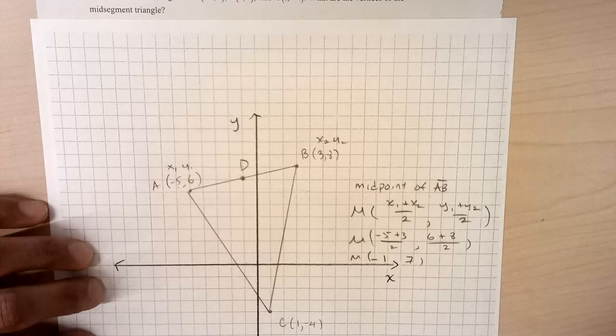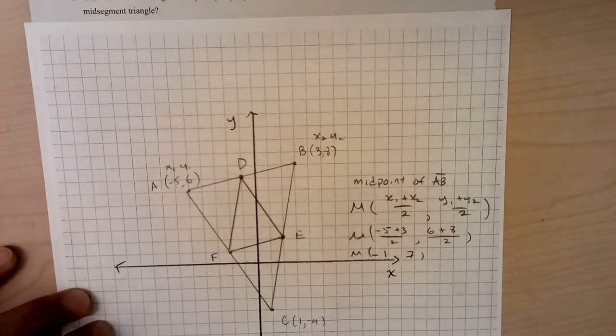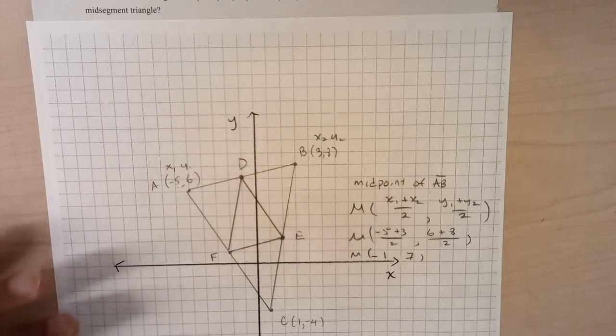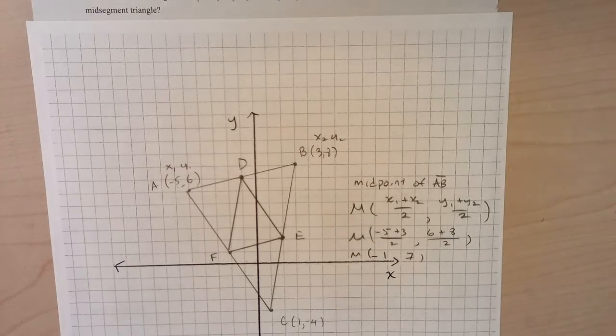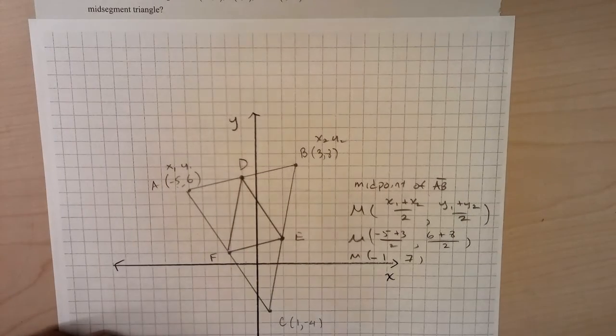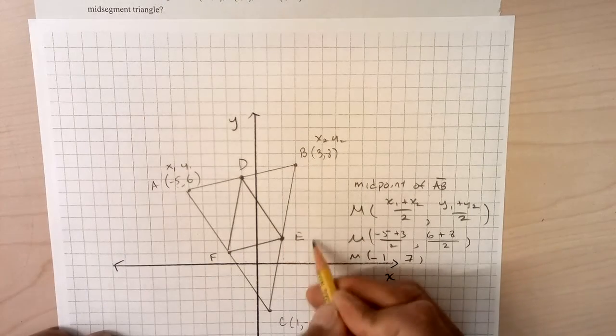And then just repeat the process. Maybe pause, find the midpoint of side BC and AC. If you figured out the coordinates of the midpoints of side BC and AC, you should have gotten, for the midpoint of side BC, 2, 2.